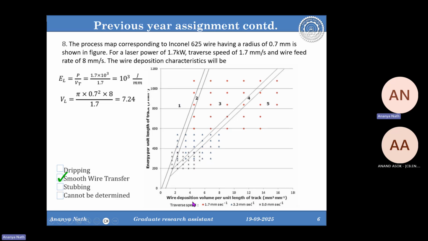It's written here: the traverse speed, red one, is 1.7; it's 3.3 when the zone is here, and it's 5 mm per second when the zone is here. Our traverse speed is already here, and now our velocity is coming near 7.24. So that means my zone is 3, which is the smooth wire transfer.